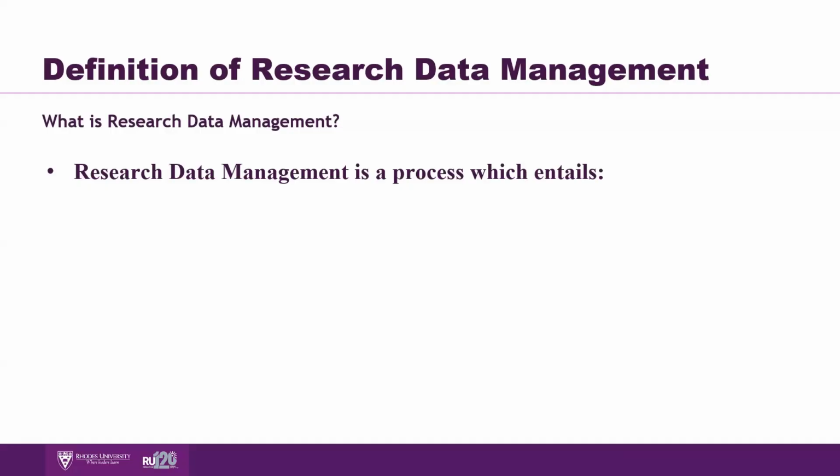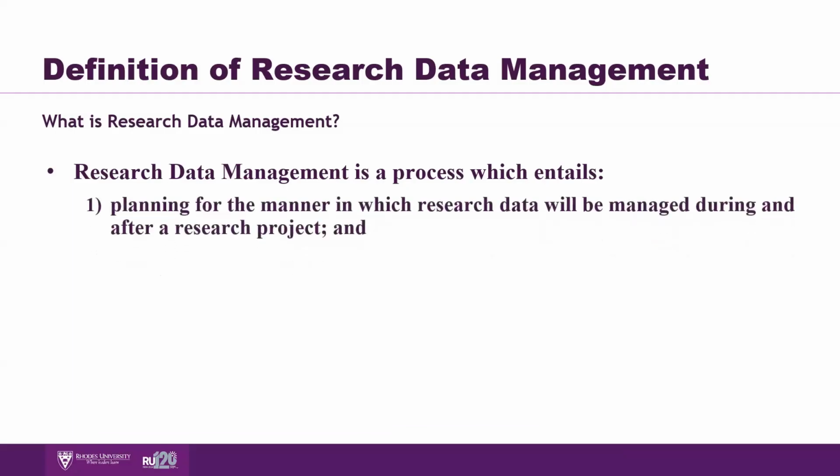So RDM, research data management, is a process which entails 2 things. Firstly, planning for the manner in which research data will be managed during and after a research project. And I'll stress the fact that there's management after the project has come to an end, so that you don't neglect the data when the projects come to an end.